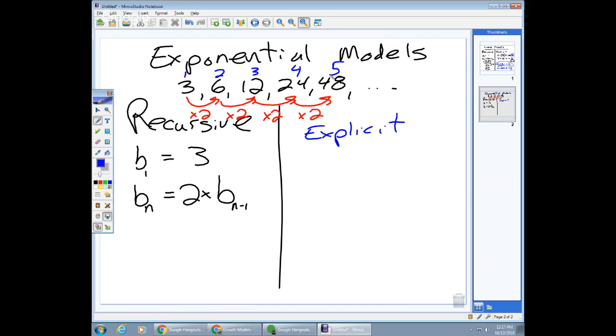That 5th term right there, all I have to do is make a note that to get the 5th term, I start at 3, and then I need to multiply by 2. To get to the 5th term, 1, 2, 3, 4 2's to get there. So my claim is that the 5th term is 3 times 2 to the 4th power.